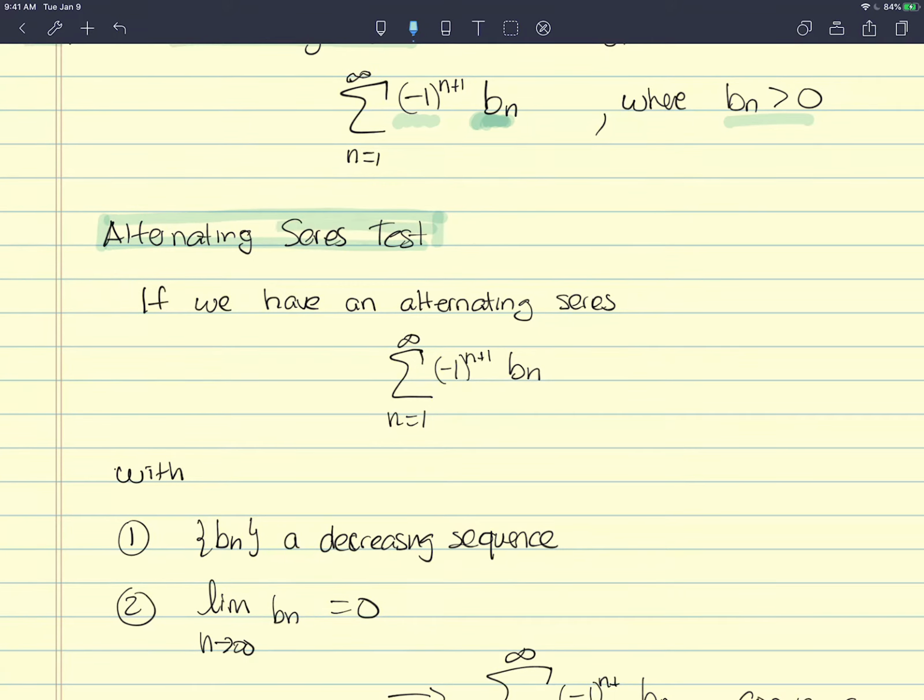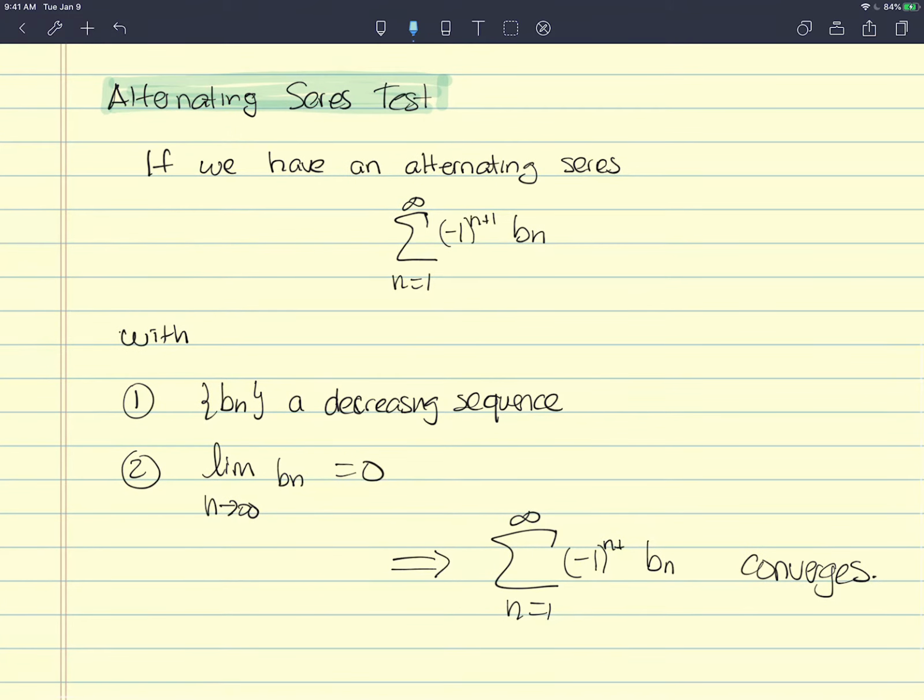The alternating series test says that all you need to do is check that the sequence bn, which we're already treating as positive, is decreasing, and that the limit of the bn's is 0, and that's it. If the bn's are decreasing and go to 0 as a limit, then you can guarantee that the alternating series converges.